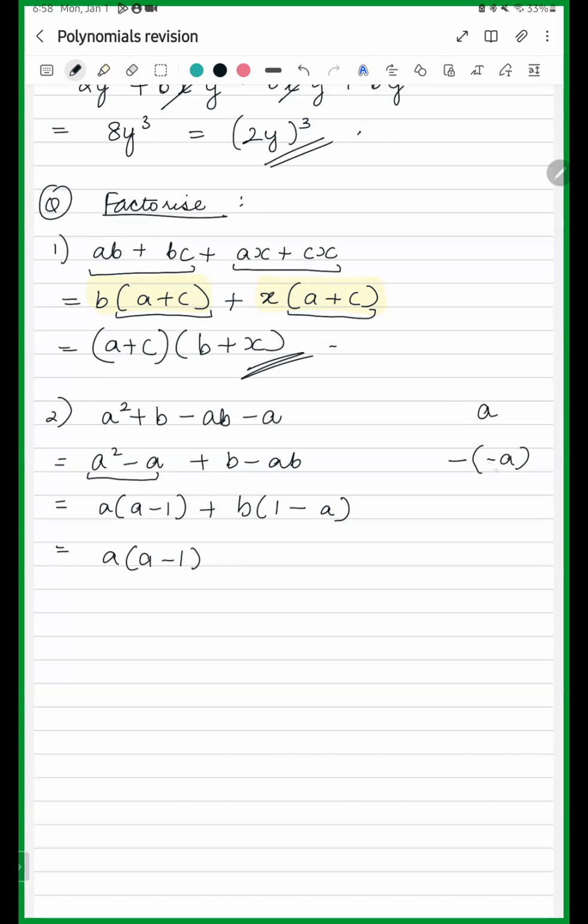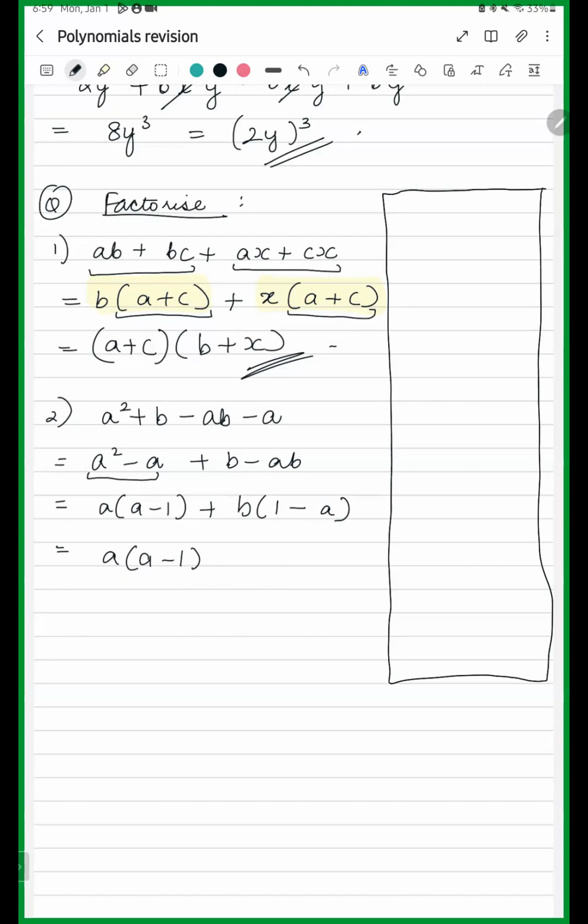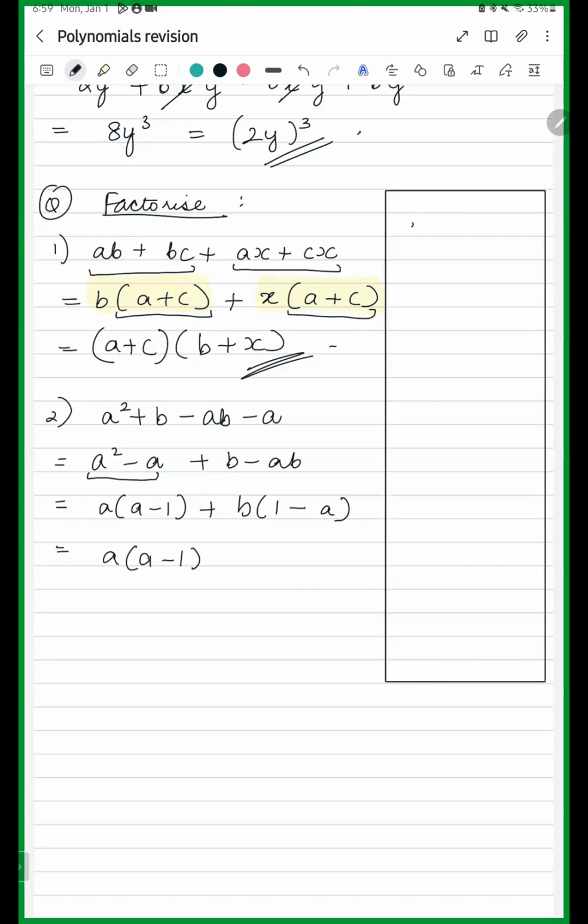Negative is called the additive inverse, so you can write it as the additive inverse of its additive inverse. Negative of negative A is positive A. So A can be written as negative of negative A.